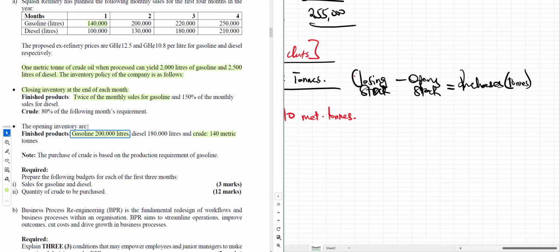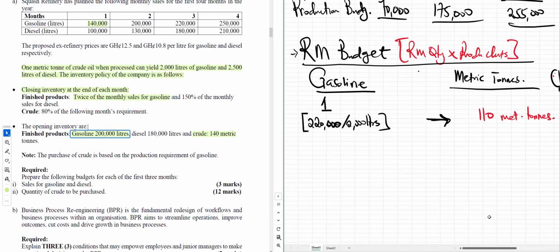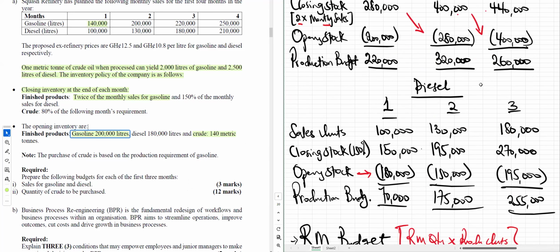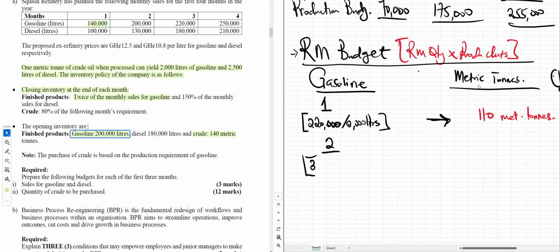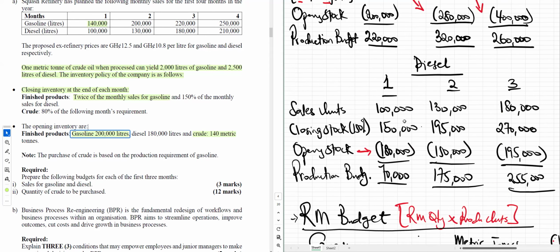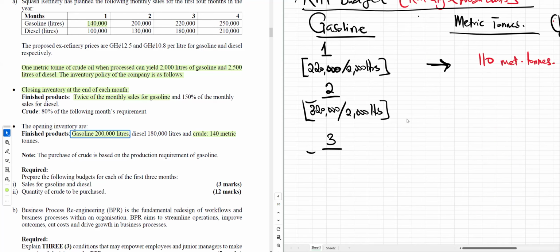So let's go and get all the month requirements. Then we can use it to work. So in that case, month 2. It was how many units? 320,000. So we take 320,000 divided by the 2,000. Month 3: 260,000, divided by the 2,000 liters.